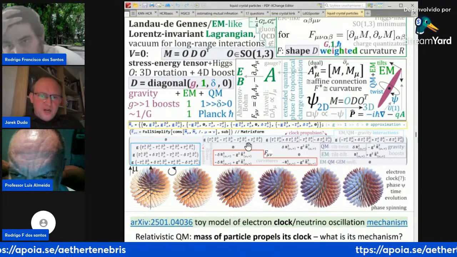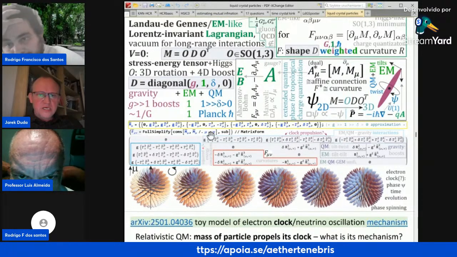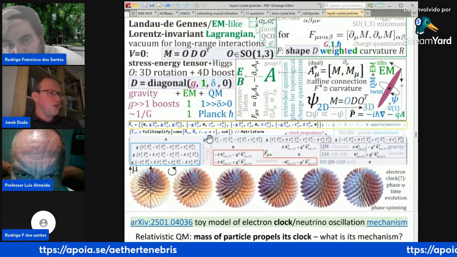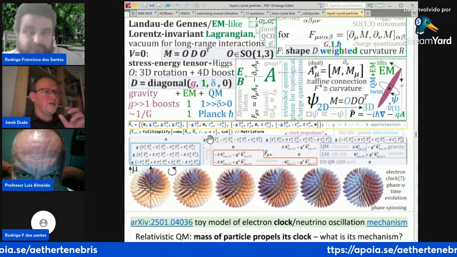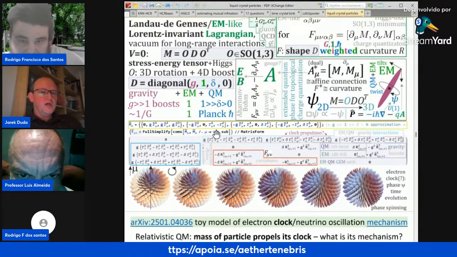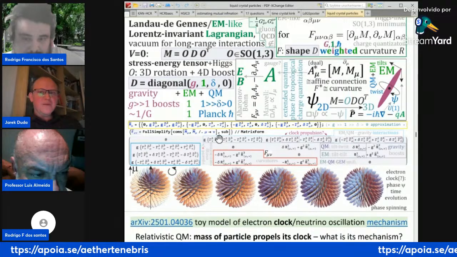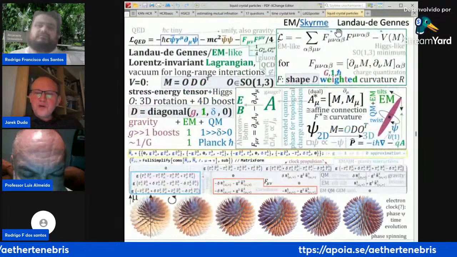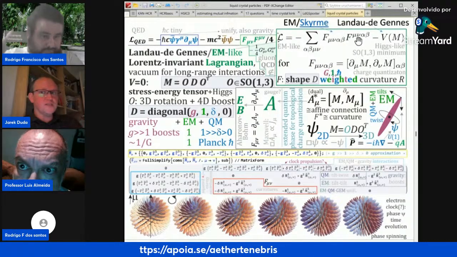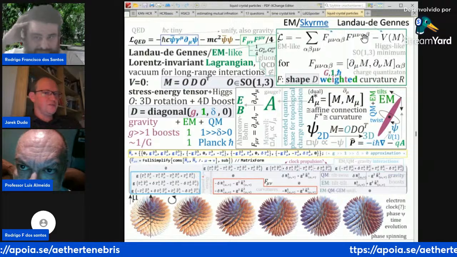Okay, so there are also these terms like here. They are very interesting terms, because in the Hamiltonian they get a negative contribution, and this will be crucial for the clock of the particle, so that the resting electron and resting neutrino already oscillate. In this model the explanation is that, having this kind of Lagrangian, this F with 4 indexes, if we transform to the Hamiltonian, then we get both positive and negative terms.